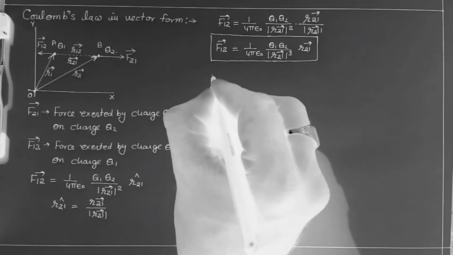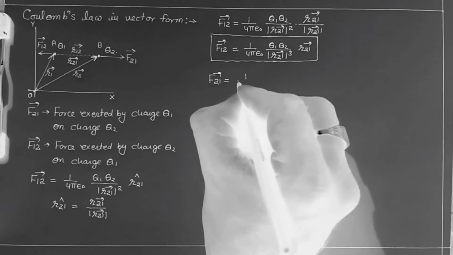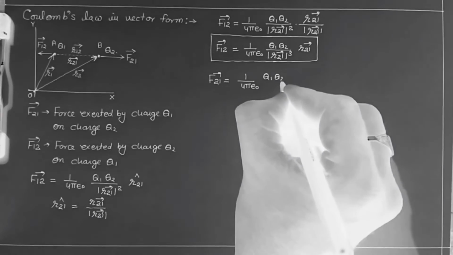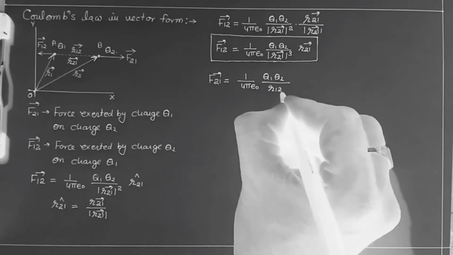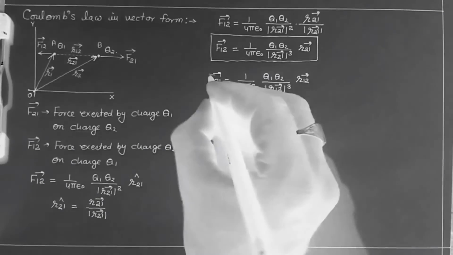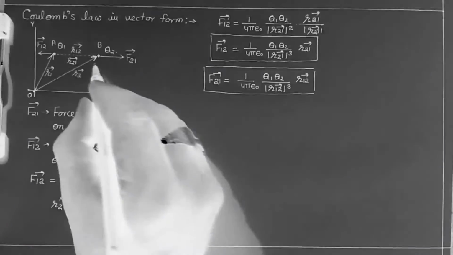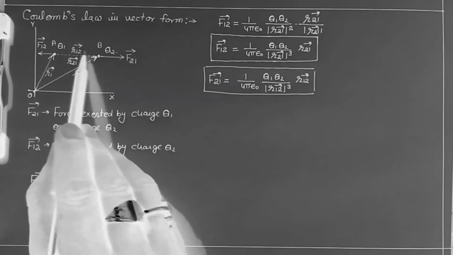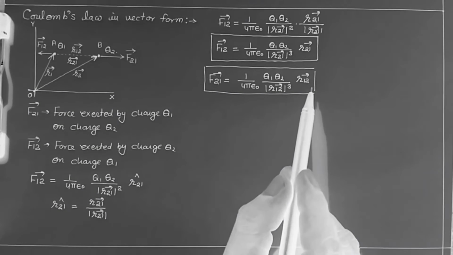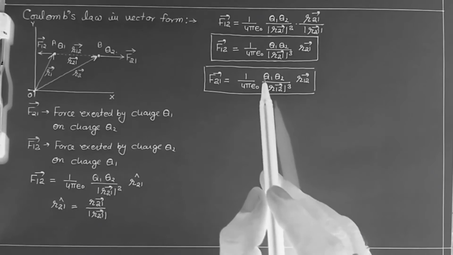Now here we can also write this F21 vector in the same way as 1 upon 4 pi epsilon naught, Q1 Q2 upon modulus of R12 vector whole cube into R12 vector, right. तो फोर्स F21 वेक्टर, फोर्स ऑन 2 ड्यू टू 1, तो डिस्टेंस आपका 1 से 2 की तरफ कंसीडर होगा, तो हम इसको इस तरीके से लिख सकते हैं, राइट. So these are the forces which are represented in vector form.